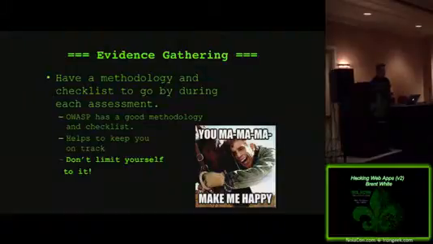Now, again, this is just something to help keep you on track. Make sure you're not limiting yourself to only doing what's in that checklist or that methodology. For example, if your methodology that you've adapted leaves out something like remote file inclusion, make sure you're testing for that. Just don't limit yourself. Just use it as a guideline.